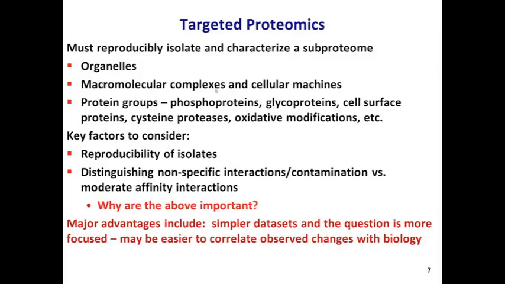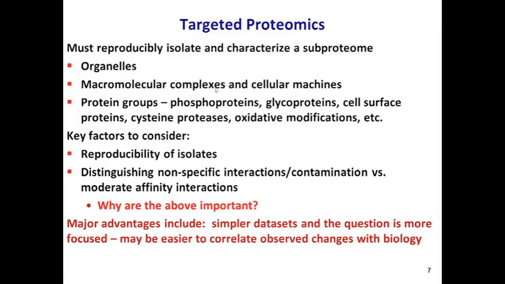Another type of proteomics question is targeted proteomics, and here we're analyzing a particular well-defined subproteome. Some examples include analysis of organelles or analysis of macromolecular complexes or cellular machines. Examples of cellular machines include the proteasome, ribosomes, and the nuclear pore complex.